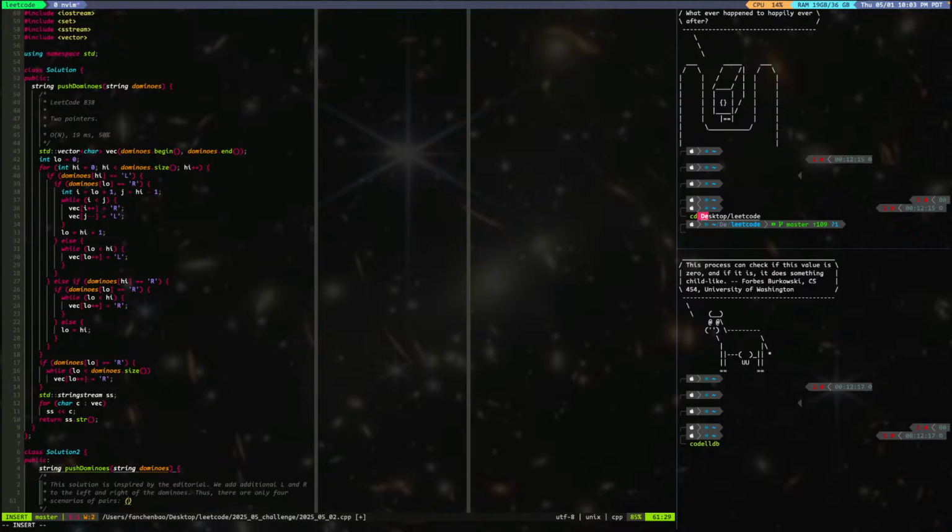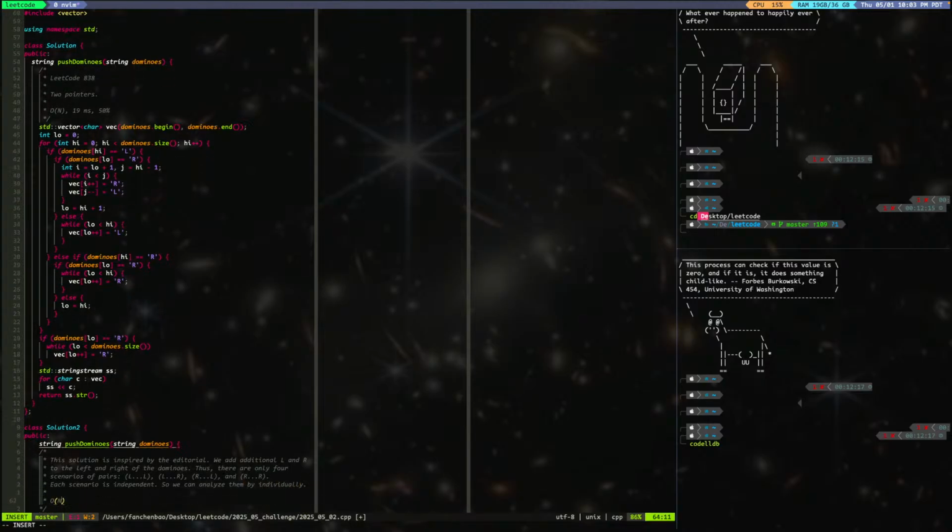L L, R, L and R R, right? Each scenario can be analyzed just by itself. Each scenario is independent, so we can analyze them individually.